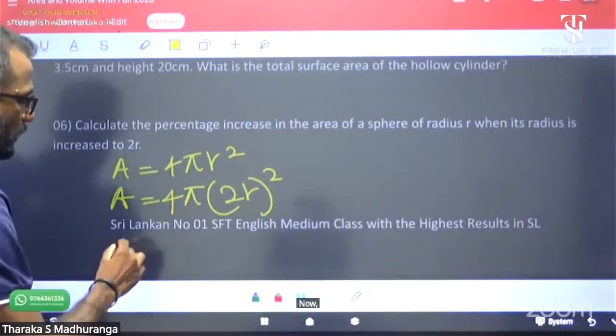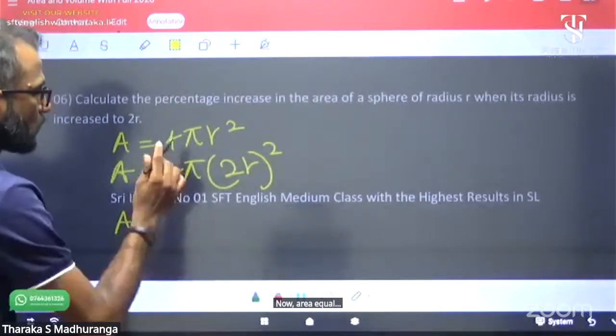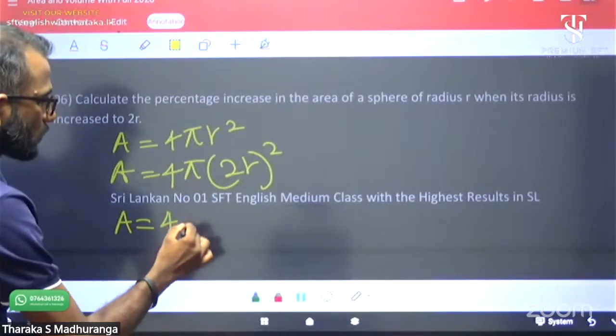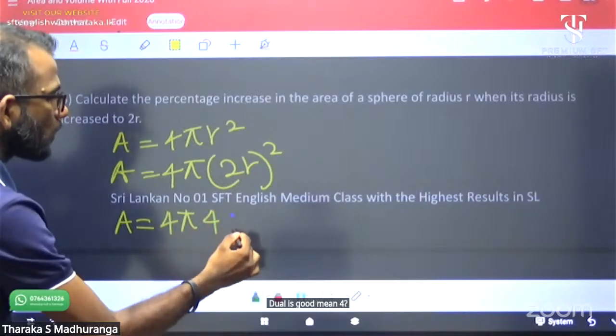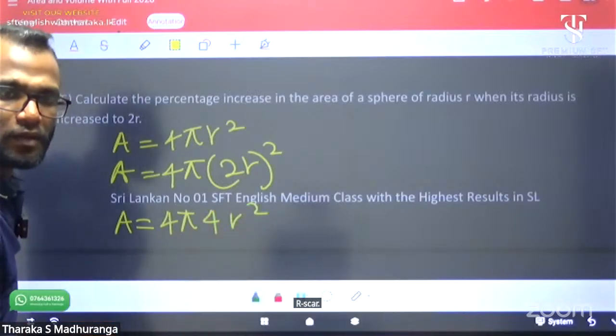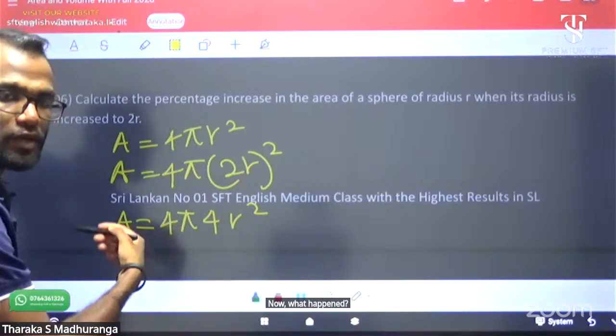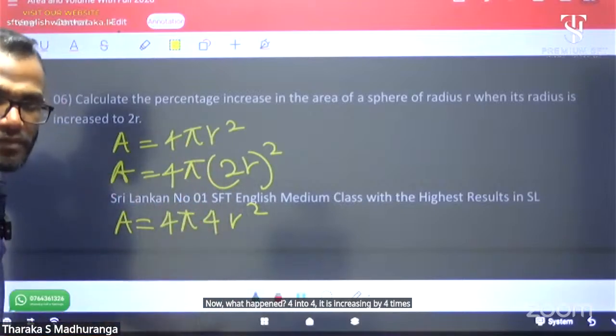Now area equals 4π, 2 squared means 4r squared. Now what happened? 4 into 4, it is increasing by 4 times.